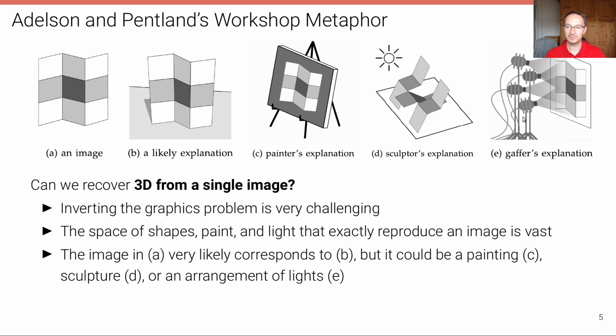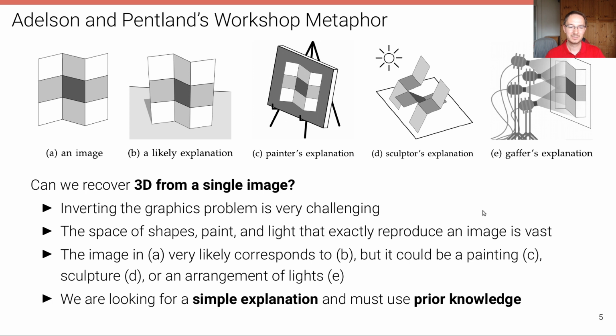And it could have also been created by just a special configuration of light sources that illuminate these 9 patches exactly with the right intensity, but the actual object is flat. So what we're looking for is a simple explanation and priors that we can use in order to recover the most likely 3D geometry given this image.